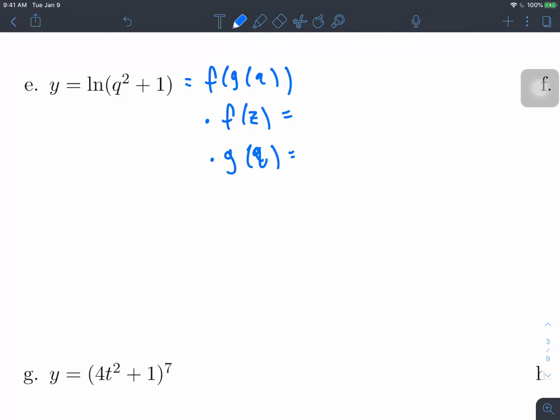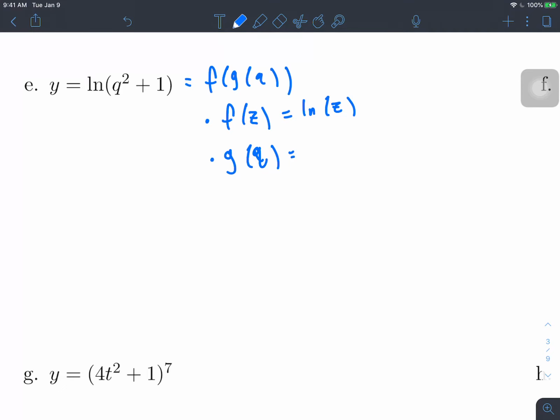Can anybody give me one of those? Yes? Ln. Yeah. Which one? G or F? F. Yeah, in our case, the outside function is ln of z. Thank you very much.